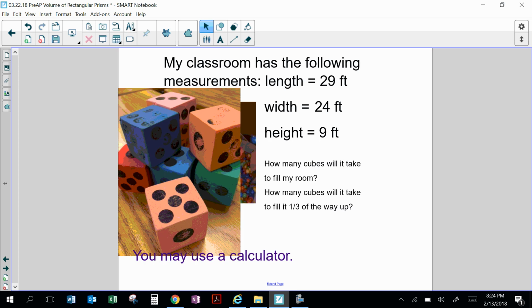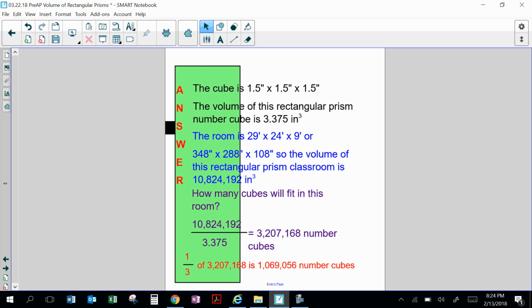Then you need to find the volume of my classroom. I need to find it in inches because I need to use the same units. 29 feet times 12 inches in a foot is 348 inches. 24 feet times 12 is 288 inches. 9 feet is 108 inches.